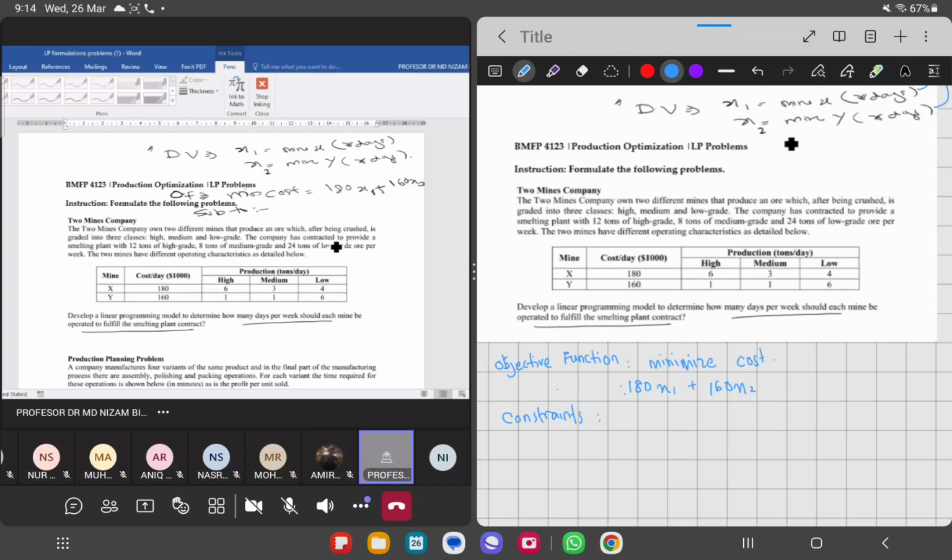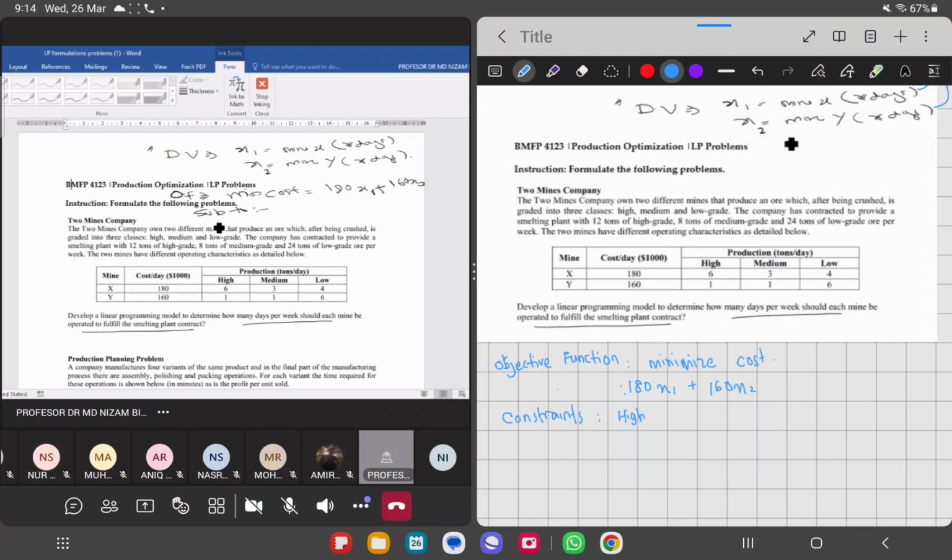The company has contracted to provide a smelting plant with 12 tons of high grade, 8 tons of medium grade, and 24 tons of low grade ore per week. The two mines have different operating characteristics as detailed below, right? So what are the constraints?